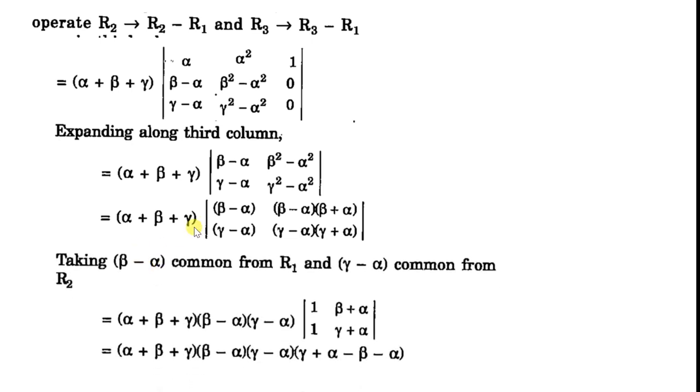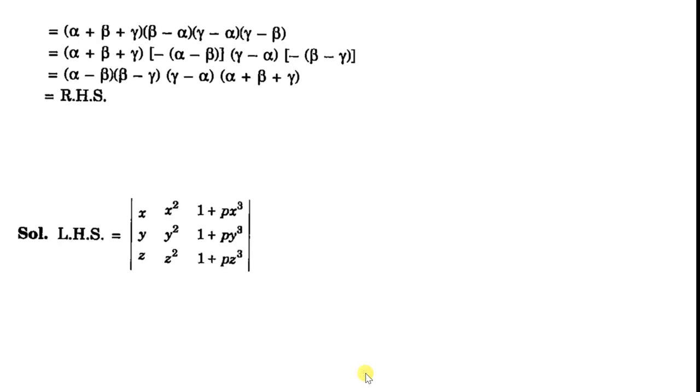Then we are left with 1, beta plus alpha; 1, gamma plus alpha within this determinant. Now we can evaluate this determinant. So we get gamma plus alpha minus beta minus alpha, that is, alpha gets cancelled and we are left with gamma minus beta, and this is our right hand side which is required to be proved.